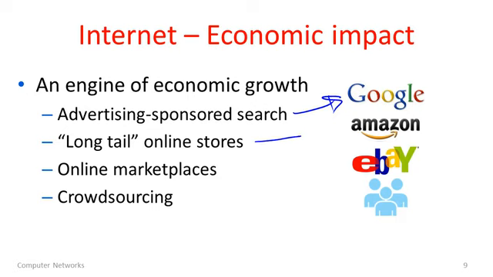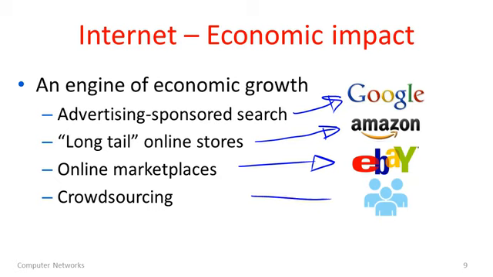For other stores, such as Amazon, it's an online store, of course, but it also operates using a long tail model where it's able to sell a very large number of goods. It has an inventory which is much larger than you can really fit in any one reasonable physical store for people to wander around. So it's a different model. Online marketplaces such as eBay enable buyers and sellers to come together quickly, even though they're in very different physical locations.